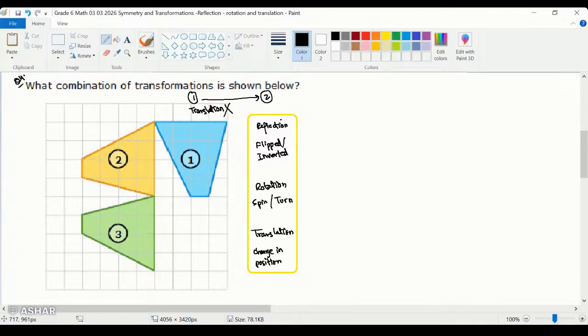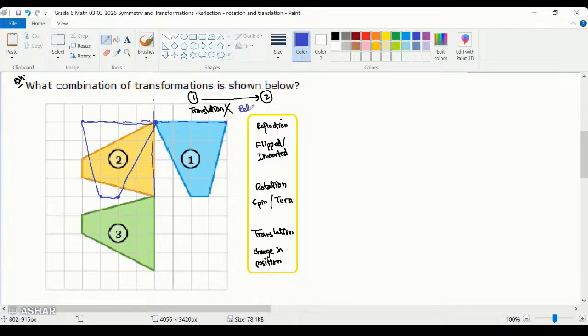What else could it be? Is it a flipped image? A flipped image would mean if this point was here and this was here, that had a distance of 1, 2, 3, 4, then it should have been 1, 2, 3, and 4 over here. This distance was 2 boxes over here, then it should be here. It was 1 box. Then the reflection should have been this, right? But that is not the case.